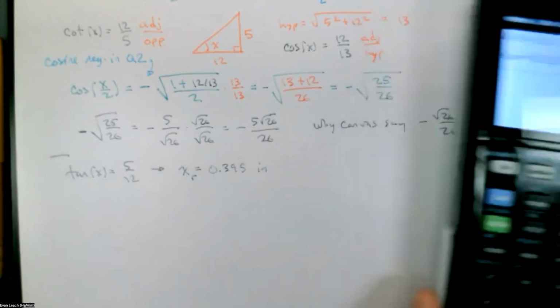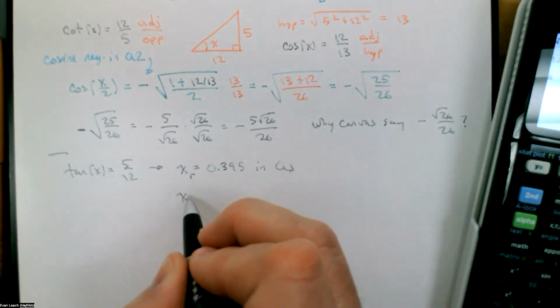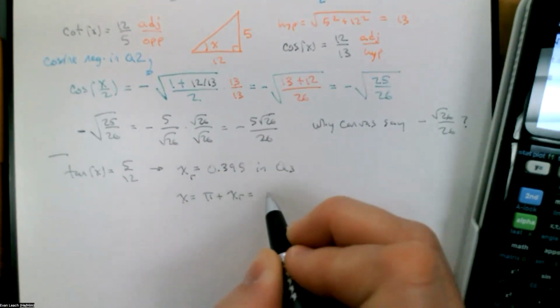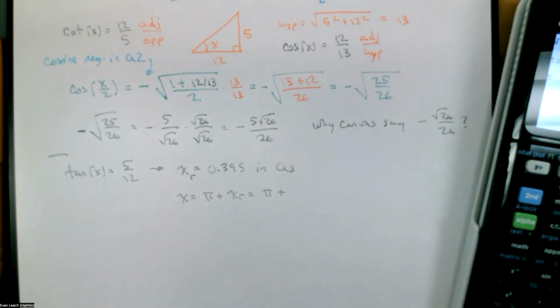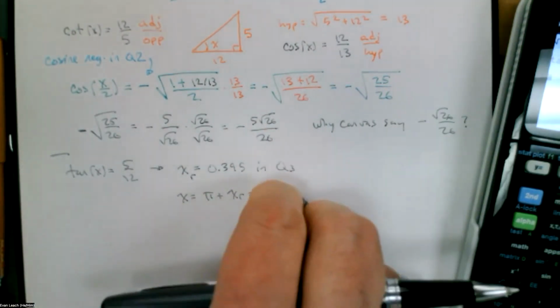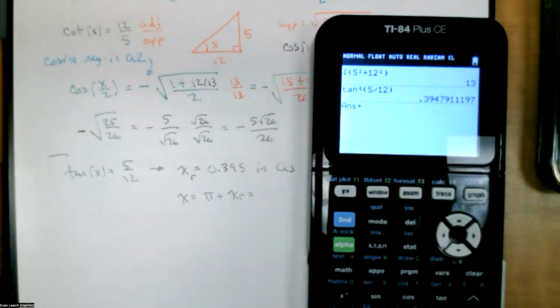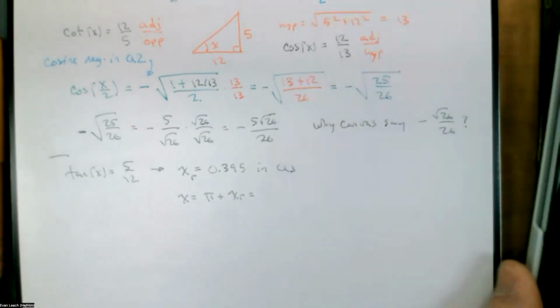And x is in quadrant 3, so x will be pi plus the reference angle, pi plus 0.395, which is 3.536.